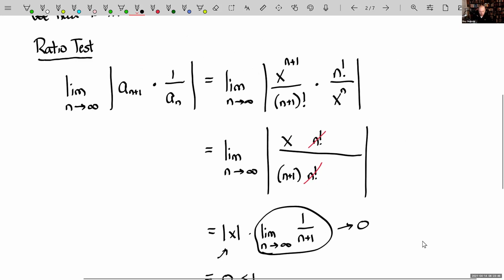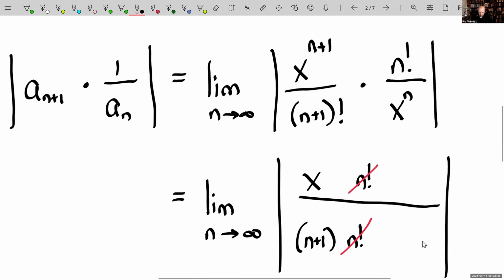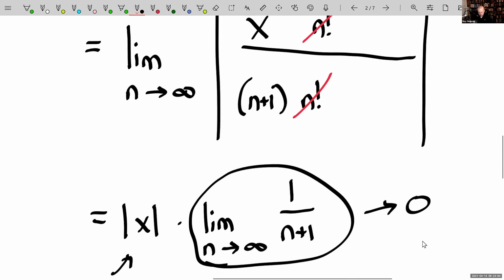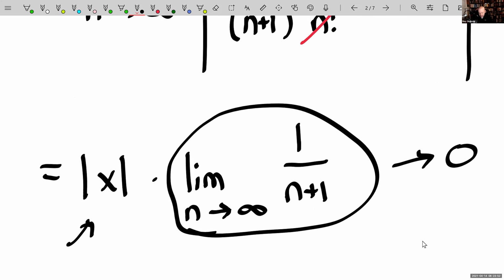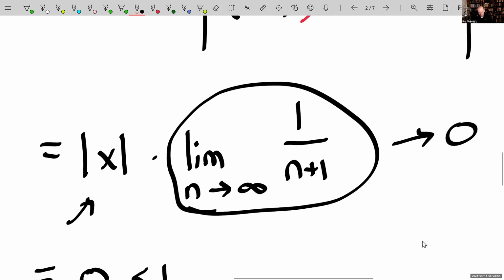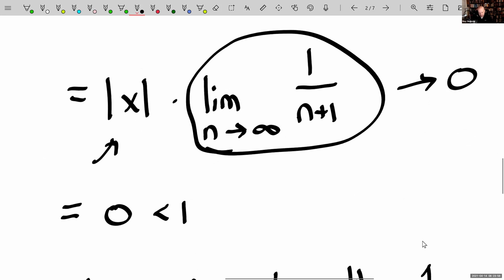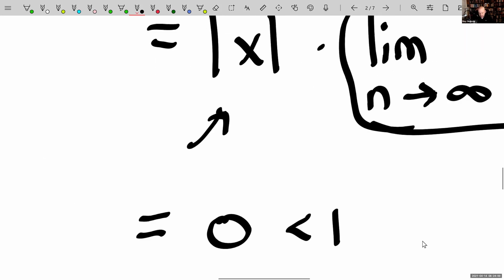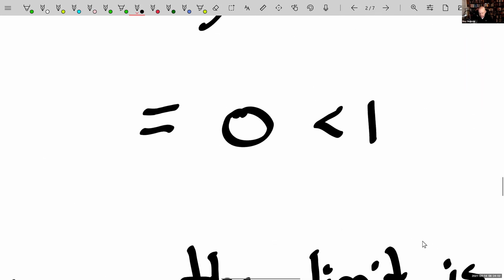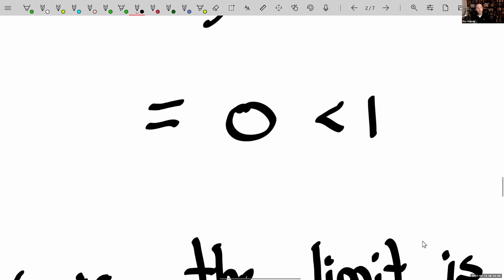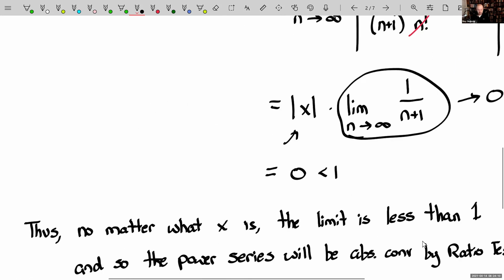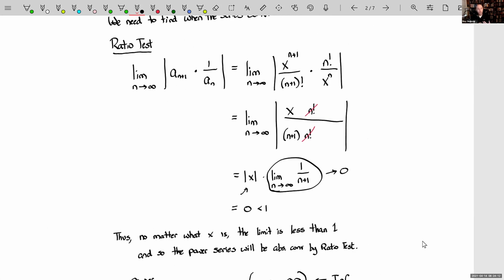And we took the ratio, cleaned things up, got to this point, and this limit tends to 0 times absolute value of x, which is still 0. And that's always less than 1. No matter what x is, that limit will end up being absolute value of x times 0, or 0, which is always less than 1. So again, no matter what x is, by the ratio test, we have convergence.